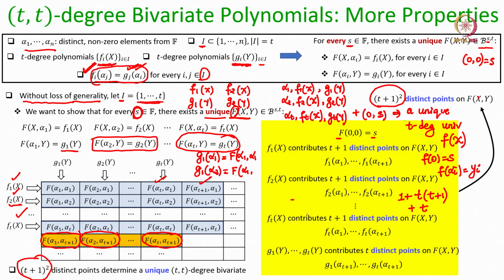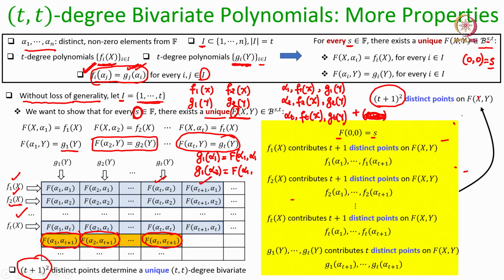Now, you might be wondering why this pairwise consistency is imposed. If the pairwise consistency is not imposed, then the argument we have given here does not hold. So, now the claim is that these t pairs of x and y polynomials, along with the fact that the bivariate polynomial at 0 0 gives s, imply a unique bivariate polynomial of degree t in both the variables, passing through s.